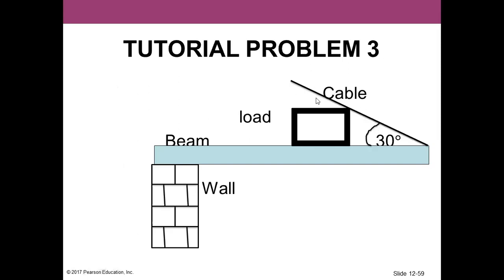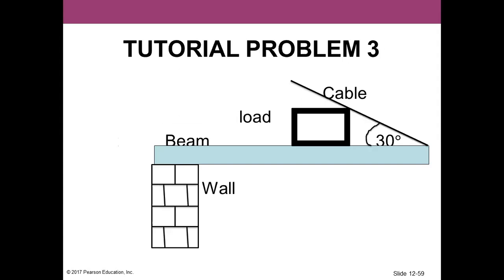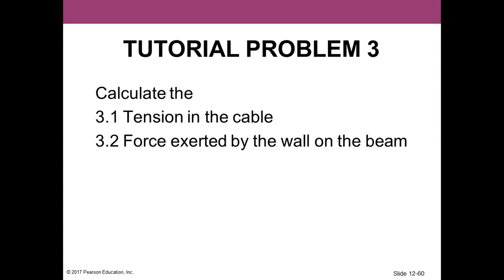Then there is a cable here that balances this beam, and this side is the wall. The questions: you need to calculate the tension in this cable, and also the force exerted by the wall on the beam.